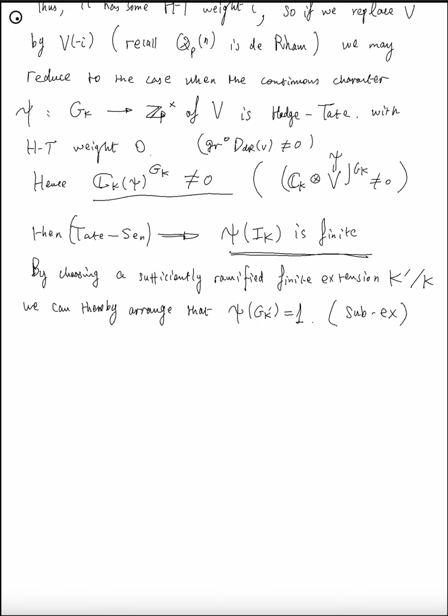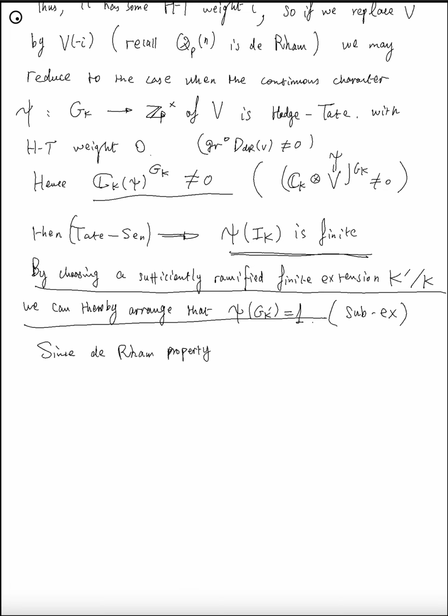The point is that the de Rham property is stable, insensitive, under replacing K by the completion of a ramified extension K prime.